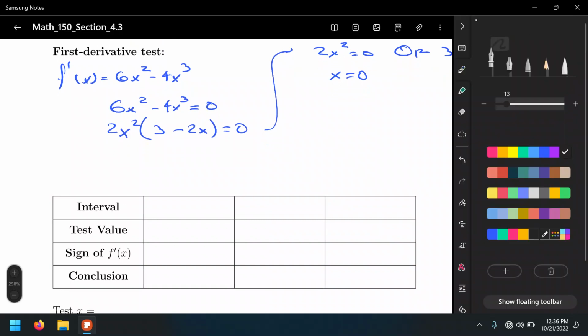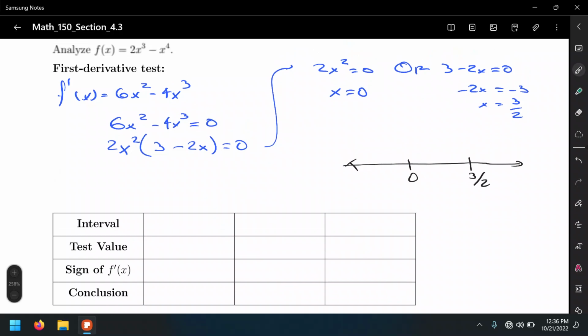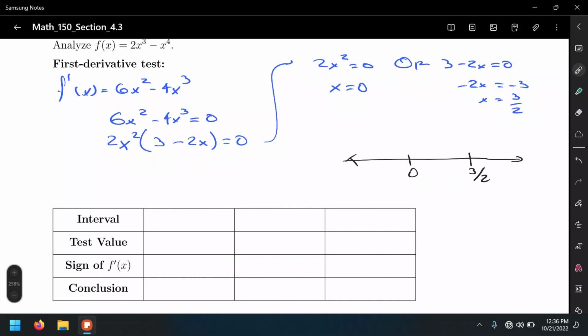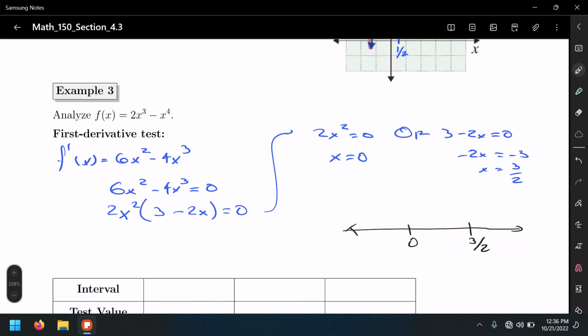So we're going to slice and dice our number line over our critical values, 0 and 3/2. All right? And again, when we plot these two critical numbers in our number line, this will give rise to 1, 2, 3 intervals to test.